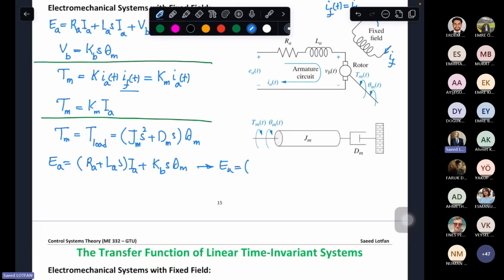then EA is RA plus LA S, where instead of IA, I can put TM over KM.